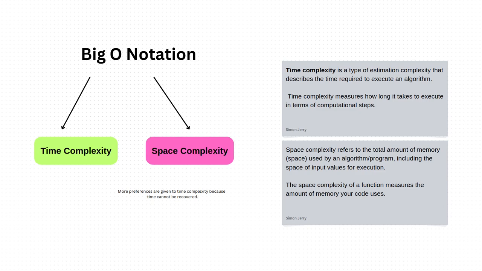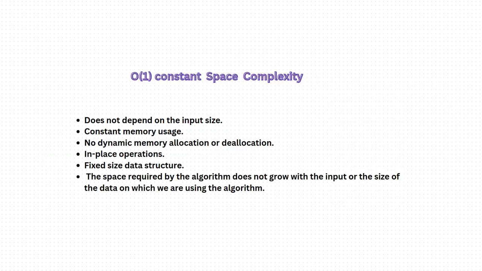And we also talked about the memory allocation of each variable type. So now we want to consider the big O notation for space complexity because it also contributes to how good your algorithm is. The first one we're going to look at is constant space complexity.